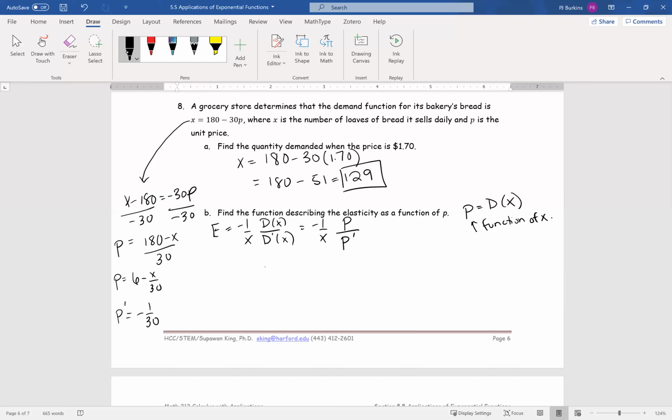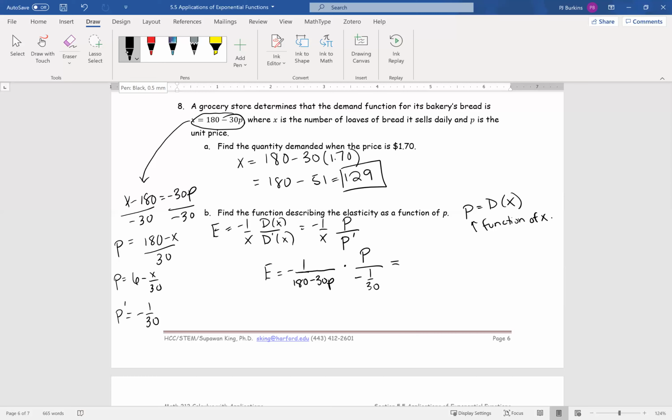So plugging everything in, this would be minus 1 over x, and x is equal to 180 minus 30p, because we want everything in terms of p, times p over p prime, and p prime is minus 1 over 30. Simplifying, we have two negatives, which makes the whole thing positive.